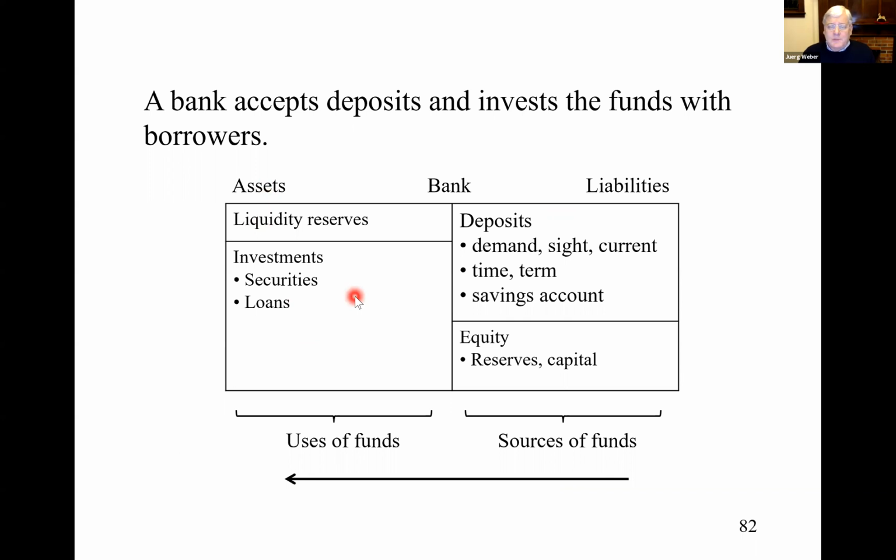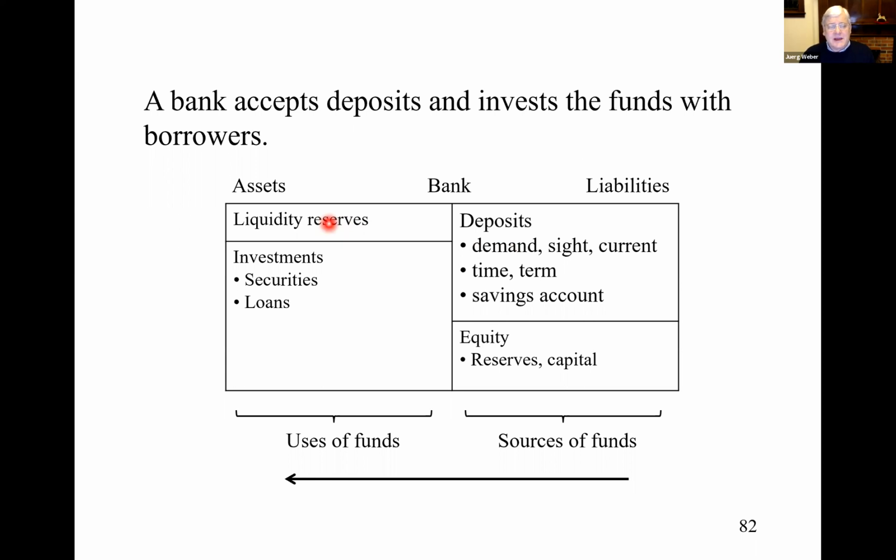Now, the bank may experience withdrawals of deposits. And that's why the bank also holds some cash items. Those are the liquidity reserves. People may show up at the bank, or they may draw a lot of checks on the demand deposits, and then the bank must have that money.